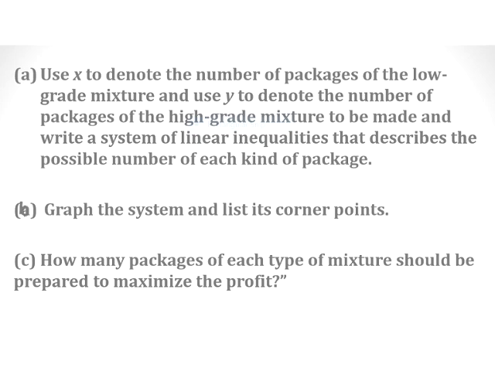First question, use X to denote the number of packages of the low grade mixture, use Y. Just now we already identified our low grade as X, our high grade as Y. And write a system of linear inequalities, which is our constraint, limited resources, to describe the possible number of each kind of package. B, graph the system and list its corner points. We are going to do that. And how many packages of each type of mixture should be prepared to maximize the profit.